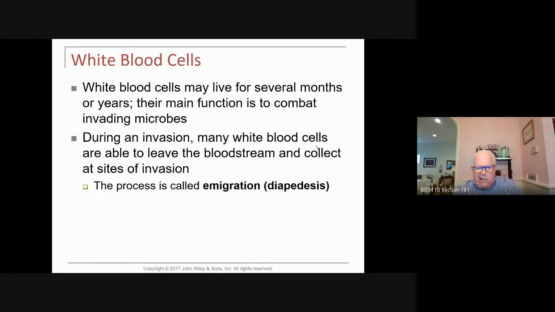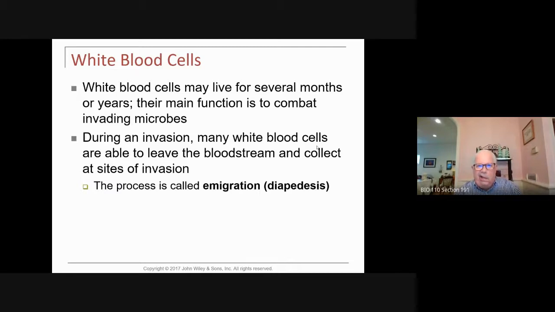During an invasion, many white cells will leave the bloodstream and collect at sites of invasion. This process is called emigration or diapedesis. We use the term emigration, actually. Diapedesis is an old term. But that's why when you step on a nail, you get all the signs of infection.